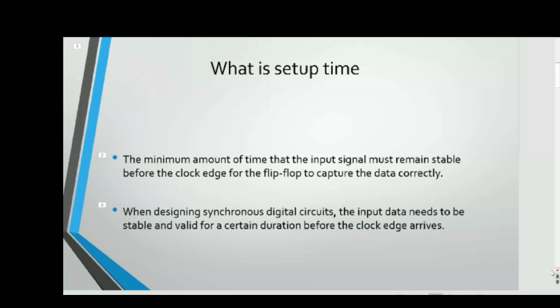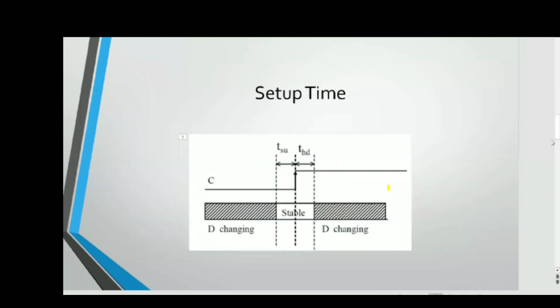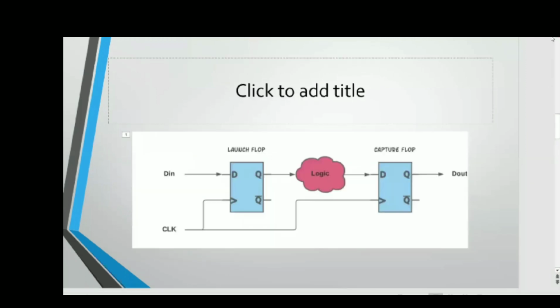So the same thing, data needs to remain stable before the active edge of the clock so that the flop can catch the exact data, because data is settled now and you know what its value is, either 1 or 0, and the flop will catch it once the clock arrives. Data is ready. When the clock comes, the flop is going to take and capture that data. So this is what is setup time. So what happens if you do not follow this? Let us see much more in detail about this.